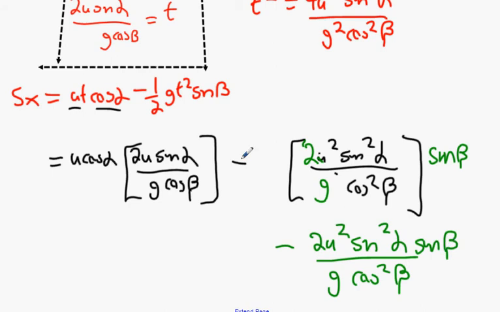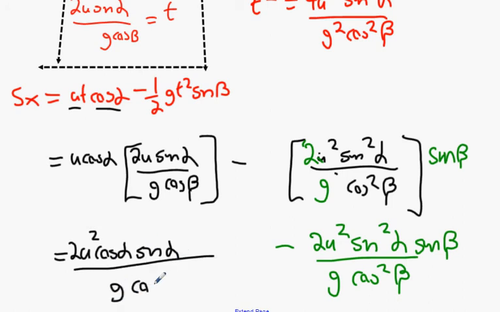Okay. Now, see the way they don't really have a common denominator at the moment. It would be g cos b, wouldn't it? So this would be 2u squared cos alpha sine alpha all over g cos b. They're not compatible denominator wise.